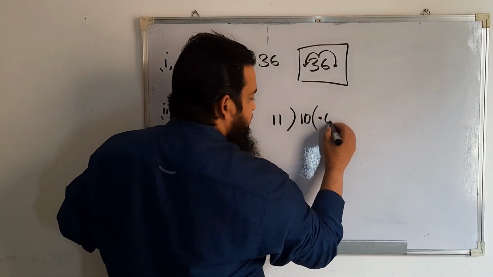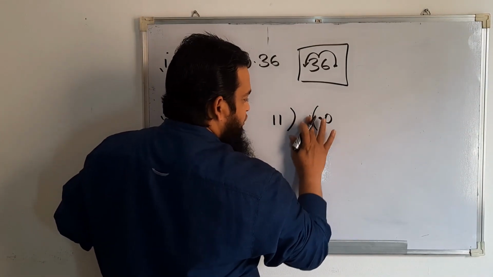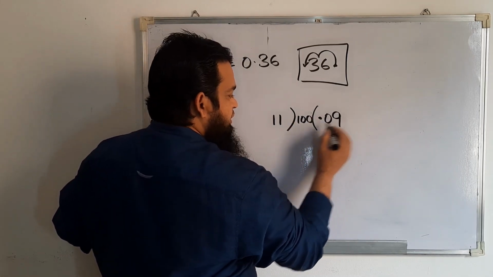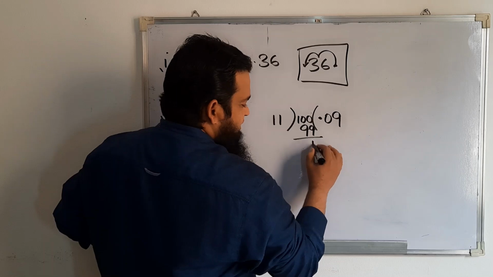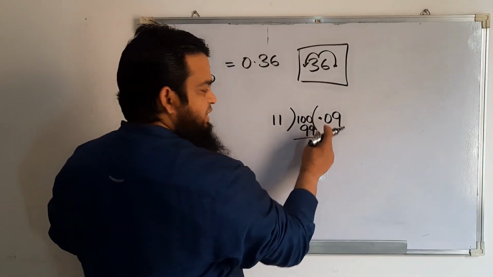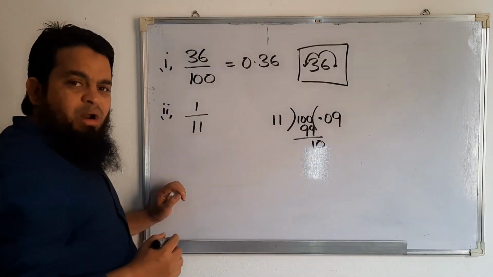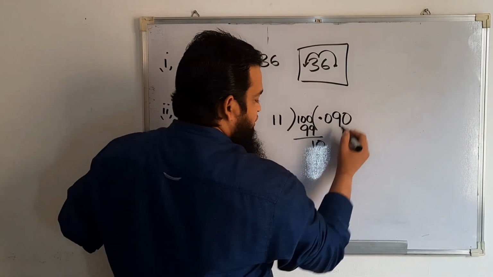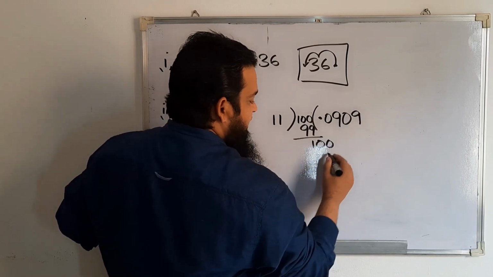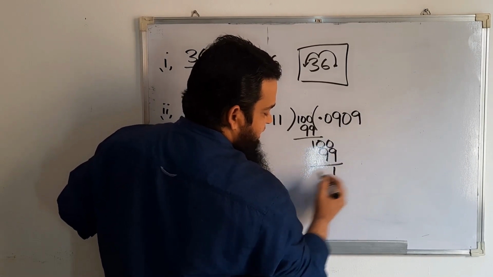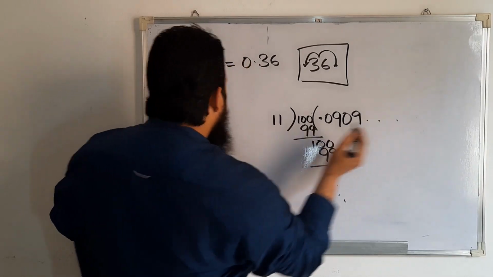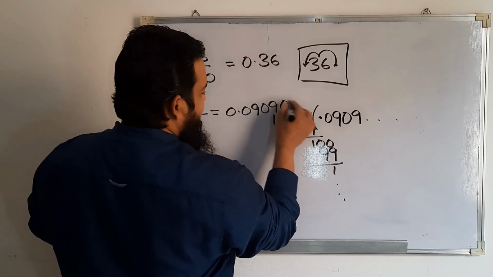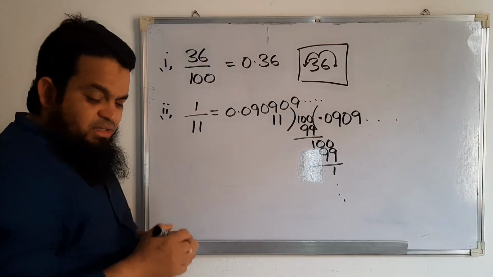So keep one more 0 and write it as 100. 11 nines are 99. Now we already have decimals, so you can keep 1 0, and 10 is smaller than 11, so you put 0, and 11 nines are 99, and the remainder is 1 again. It goes on. So the answer will be 0.090909, and so on. It never stops.